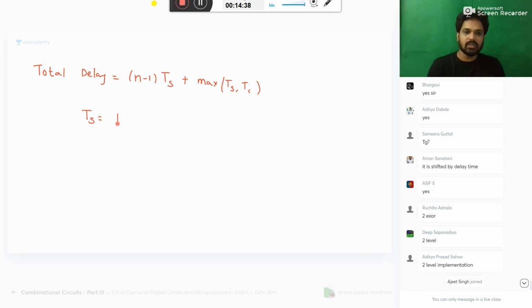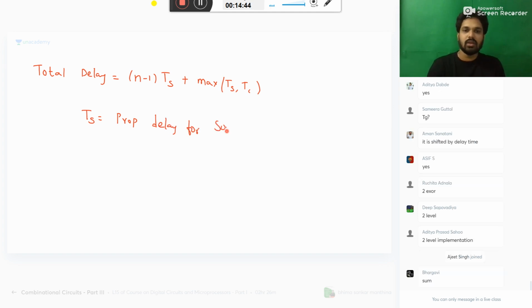It is the propagation delay for sum of one full adder. What is TC? It is the propagation delay of carry of one full adder. What is TS?